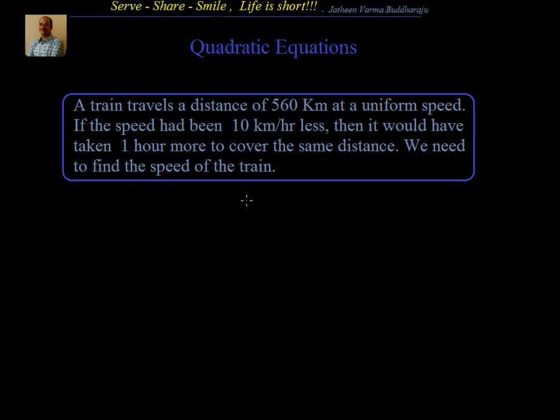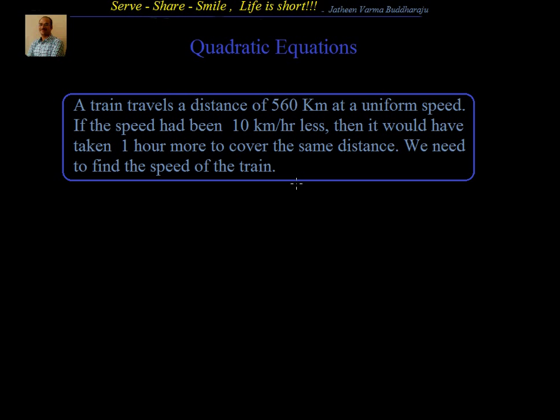We need to find out the speed of the train. So a train travels a distance, the distance is fixed, 560 kilometers, at a uniform speed. If the speed had been 10 kilometers per hour less, it would have taken 1 hour more to cover the same distance. We have to find out the speed of the train.